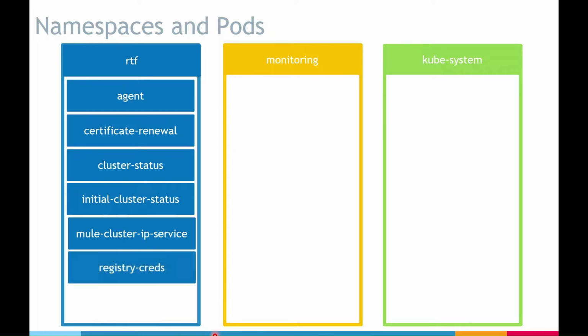Sixth, registry creds. The runtime images are stored in a private Docker registry hosted on AWS. To access the registry, credentials are required, and this pod helps to retrieve and store those credentials. Seventh, resource cache. We have already discussed this in the first video of this series, but I'll go through it briefly.